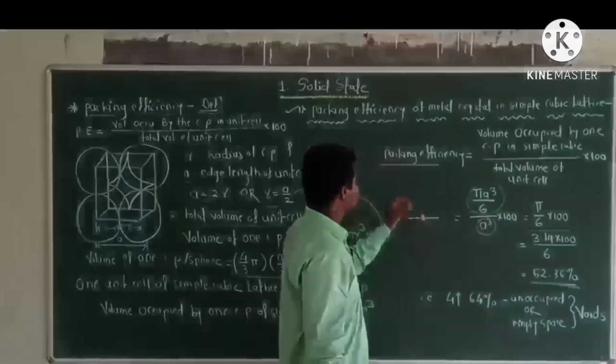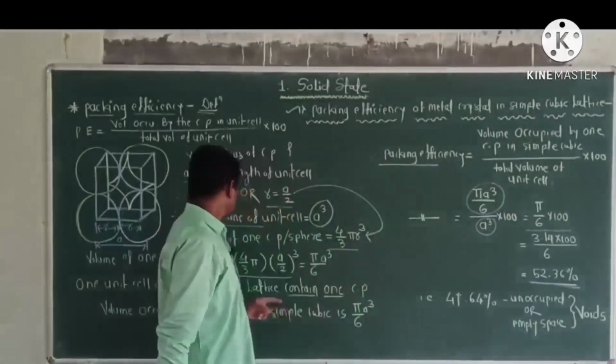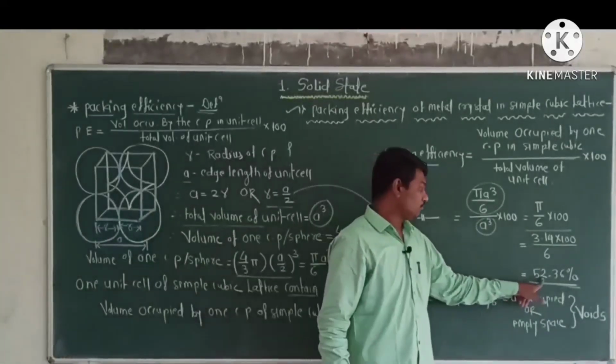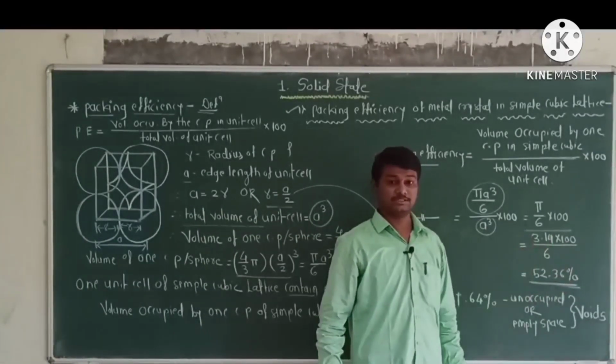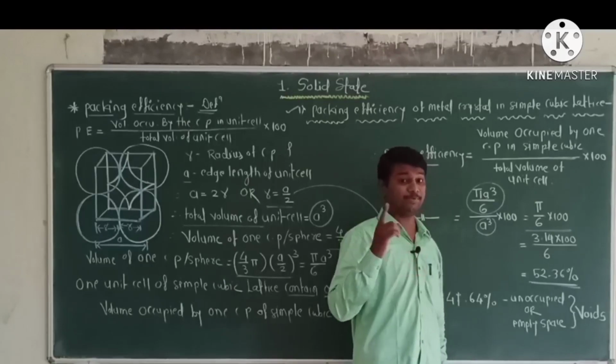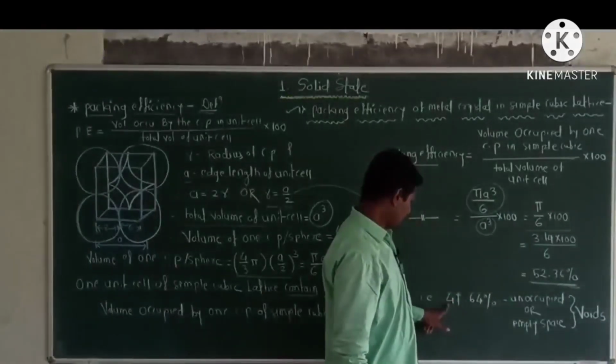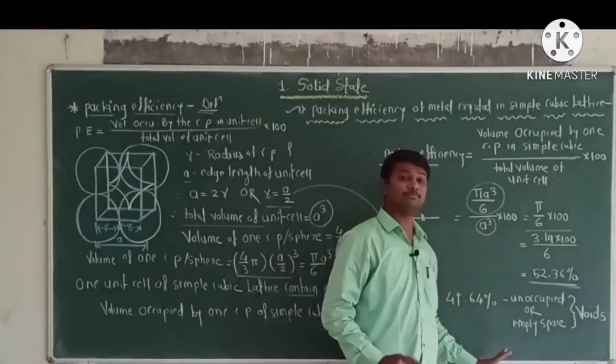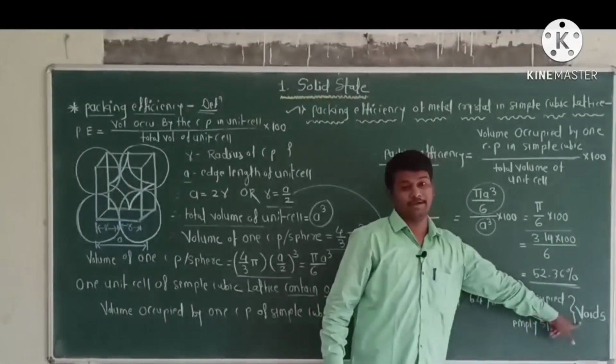That is, the packing efficiency in a simple cubic lattice is 52.36%, and the remaining space, that is 47.64%, is unoccupied or empty space, which is called voids.